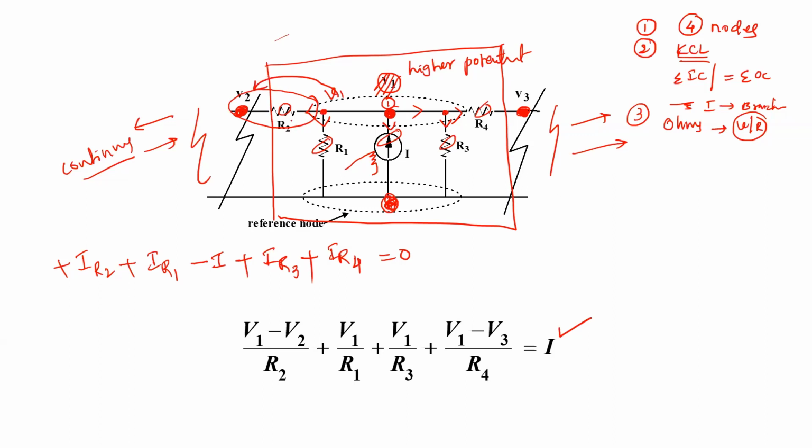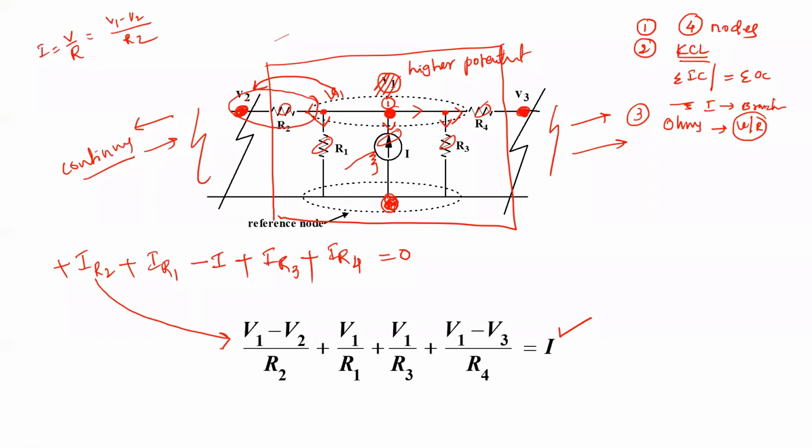Current equals V by R. So the current through R2 is V1 minus V2 divided by R2. Hopefully you have understood it.